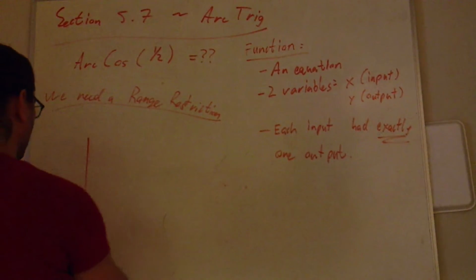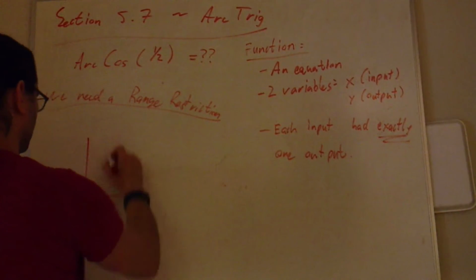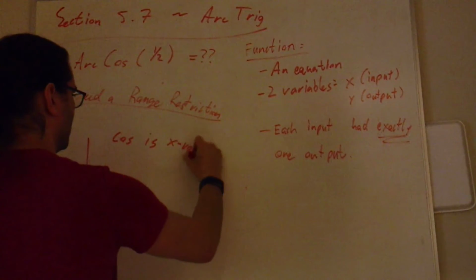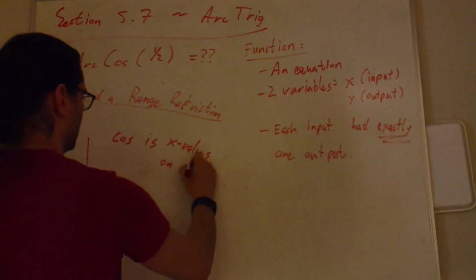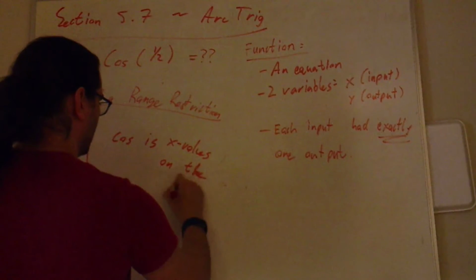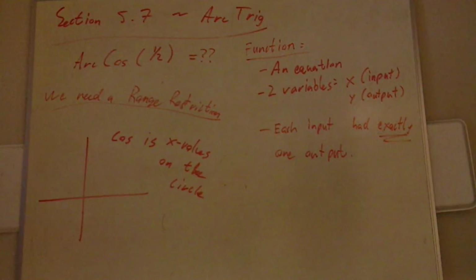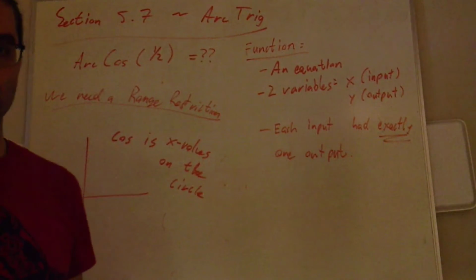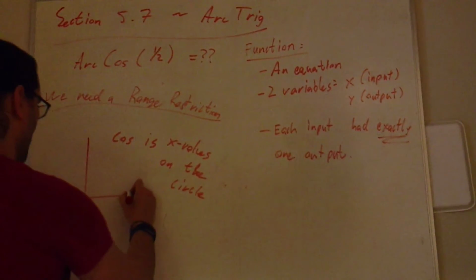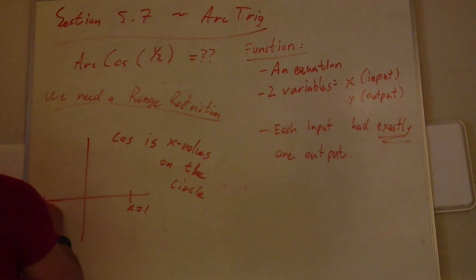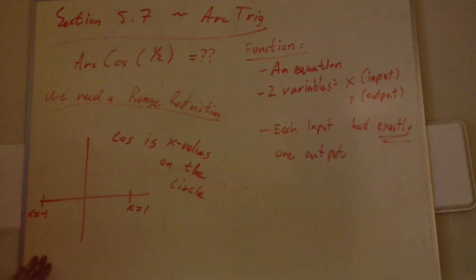So we think about cosine being x values on the circle. I need a range of angles that will cover every possible x value. X equals 1 is the biggest I can get, x equals negative 1 is the smallest I can get.